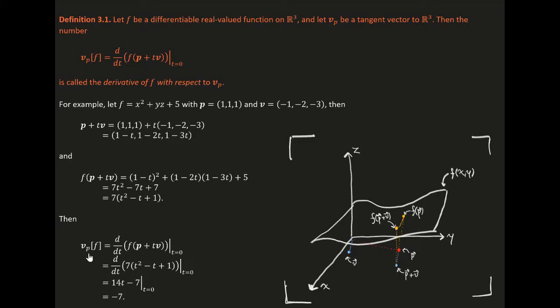Then the directional derivative of f with respect to the tangent vector v sub p is by definition the derivative with respect to t of this quantity f of p plus tv, and then the derivative of that evaluated at t equals 0. So we plug in our polynomial, we compute the derivative, 14t minus 7, and evaluating at t equals 0, we get negative 7 for our directional derivative.